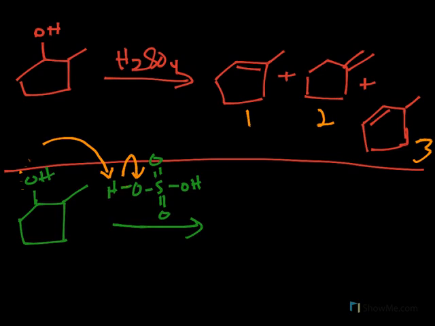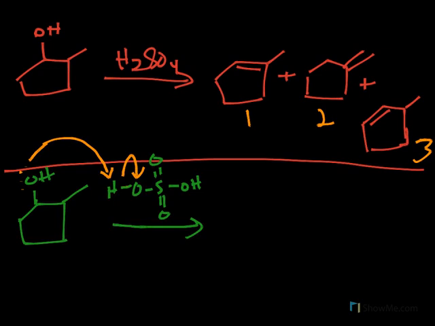So that's the first thing that happens. The tail of my arrow here is coming from the lone pair of electrons on the oxygen of the alcohol, and it's going to get protonated by that sulfuric acid hydrogen right there.